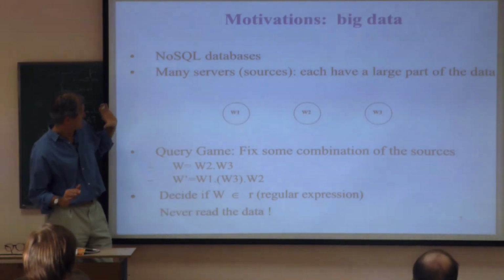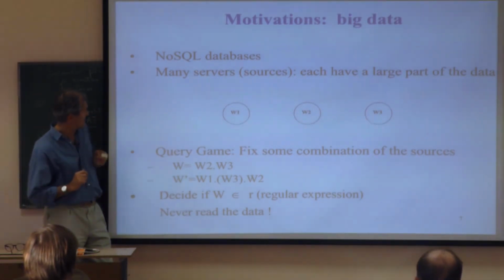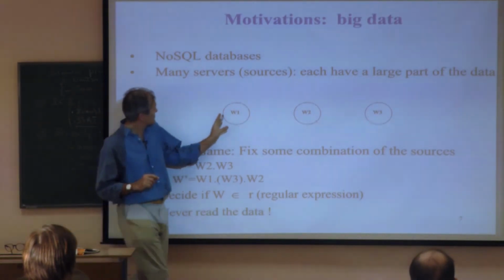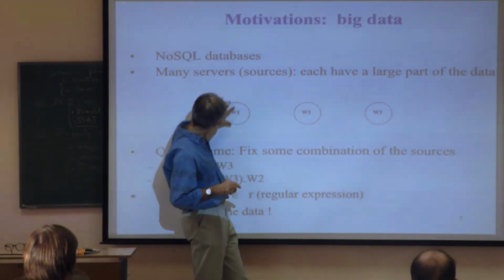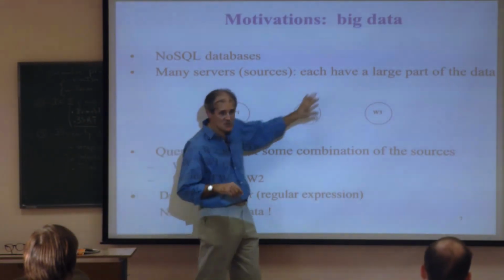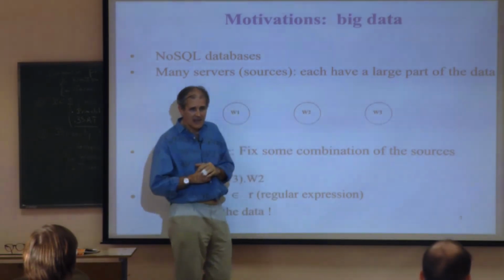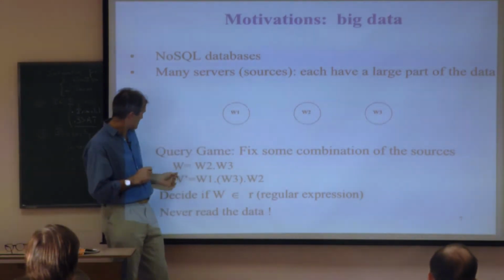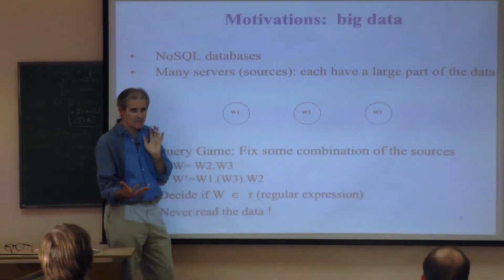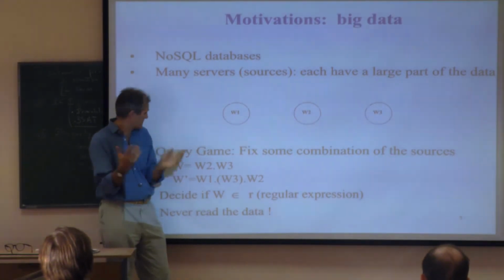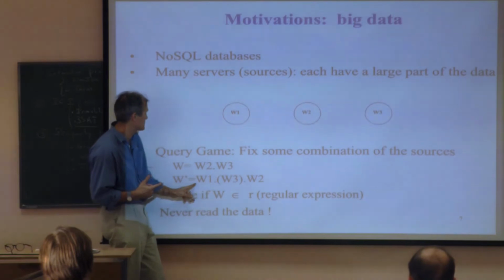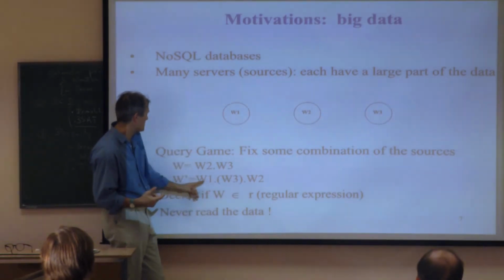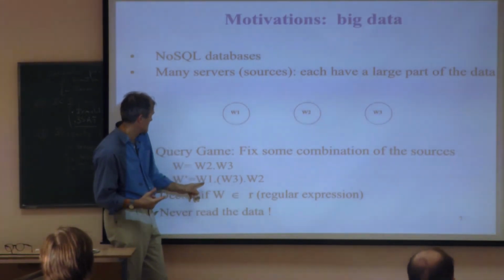I want to look at big databases. I have different sources where you can imagine that you have big words on each source. And now the game is, I want to combine these guys in a certain way. It's not fixed in advance. For example, I do this, but maybe I want to do this. Sometimes maybe I want to do reverse.